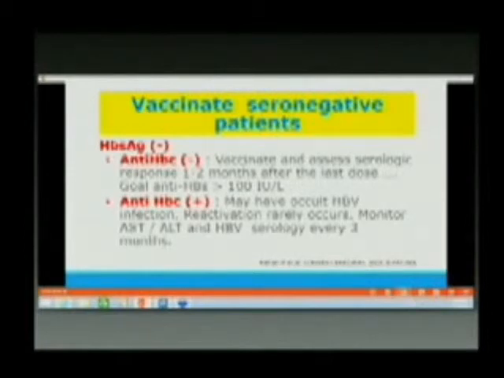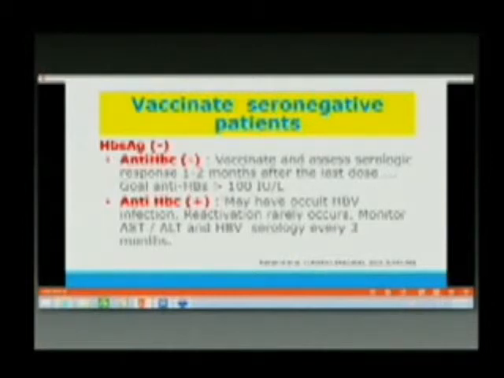How about if you have a patient who is S antigen negative? It is seronegative, including your anti-HBC, then you vaccinate your patients. It is important to remember that when you use an anti-TNF therapy, your goal should be more than 10.